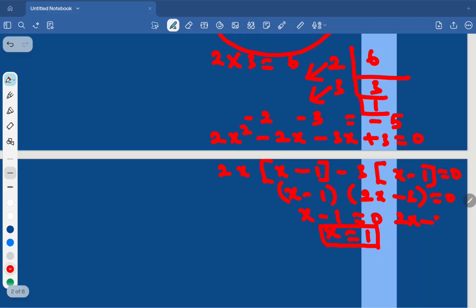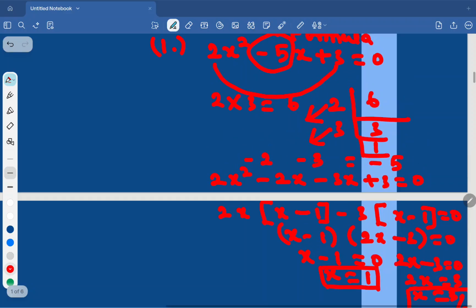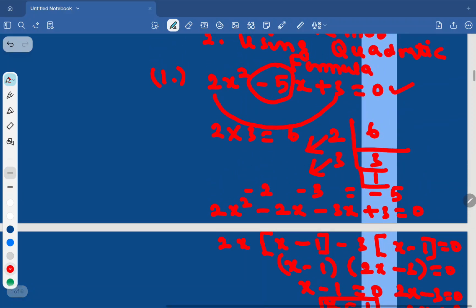Similarly, 2x minus 3 equal to 0, 2x equal to 3, x equal to 3 by 2. We find two solutions because of quadratic equation 2x square minus 5x plus 3.